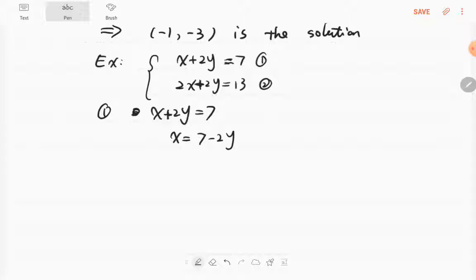Now we're going to use this one, 7 minus 2y, to substitute x in another equation. That will be equation 2. So this time, in equation 2, we will not use x.